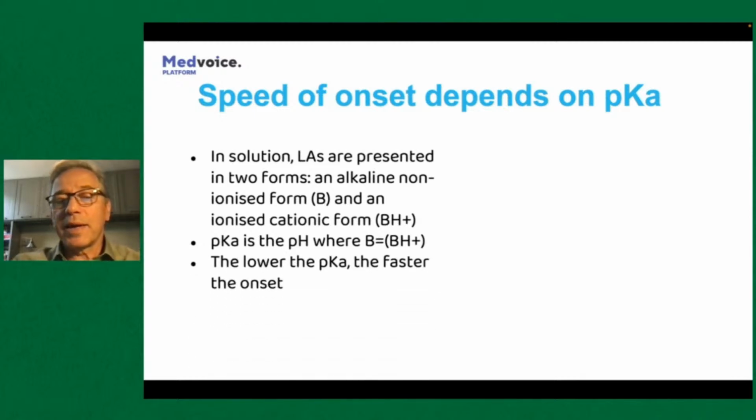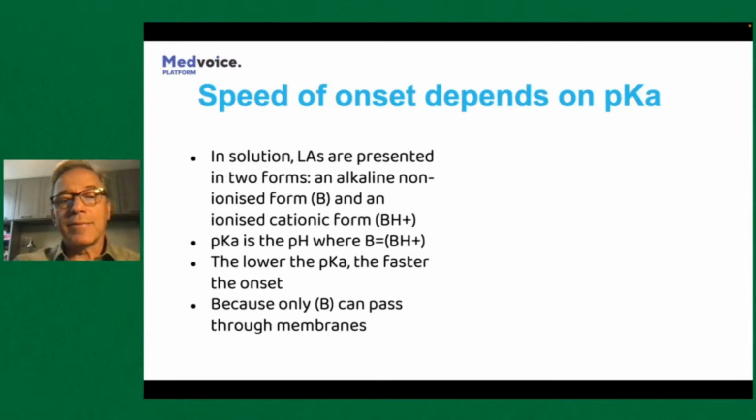The lower the pKa, the faster the onset, because only the B form, the non-ionized form, can go through the membranes. If the pKa is lower, the more non-ionized form is present in a more alkaline medium.